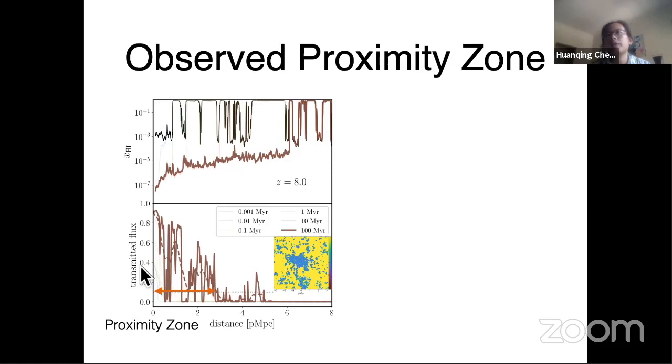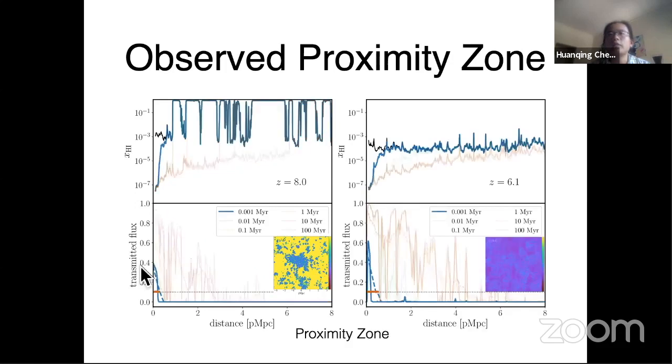The picture will look pretty different if we look at the case after global reionization, for example at redshift 6. At that redshift, since the universe is already pretty ionized in most places, there will be no more such typical quasar ionization front, but the neutral fraction of the whole IGM has dropped to a value of 10 to the -3.